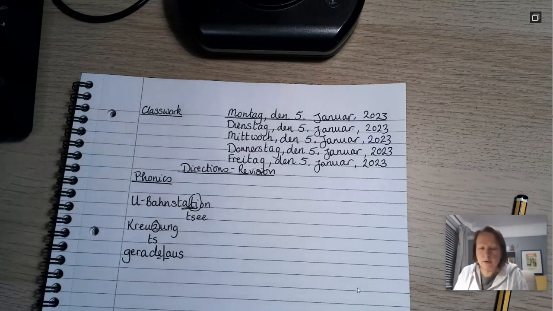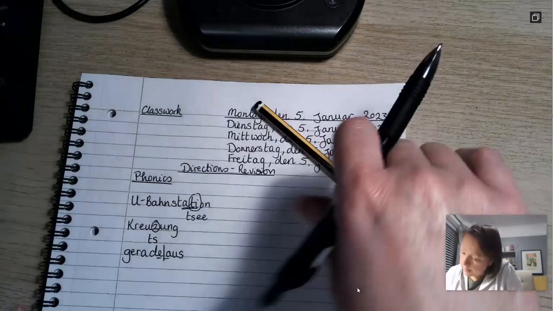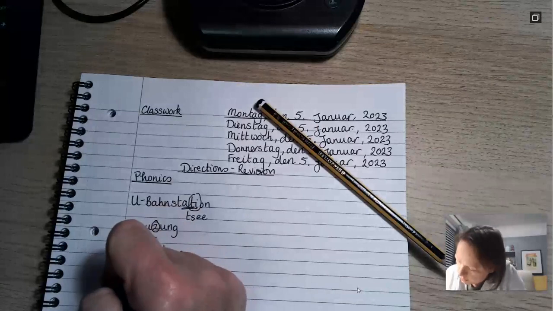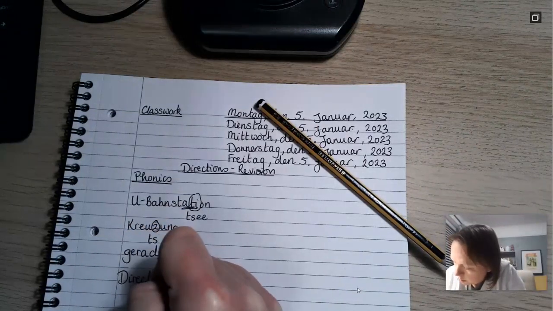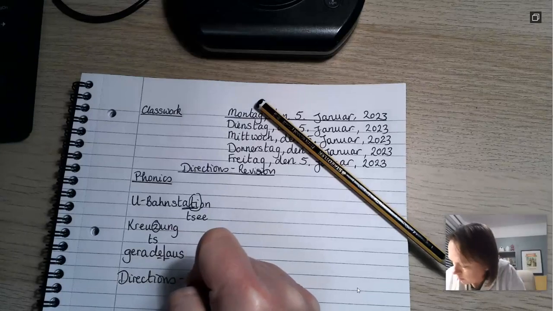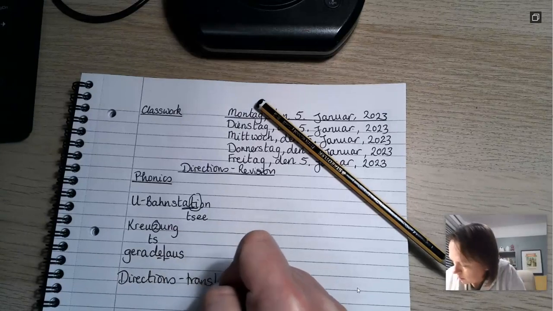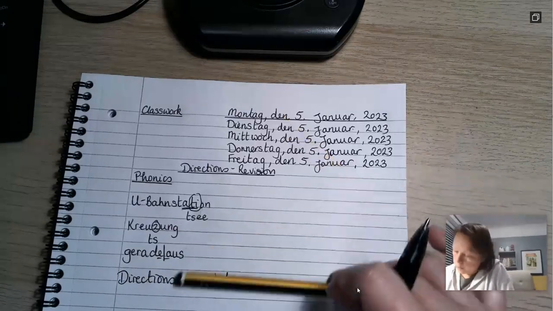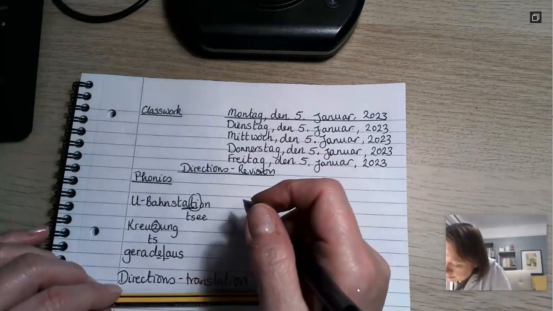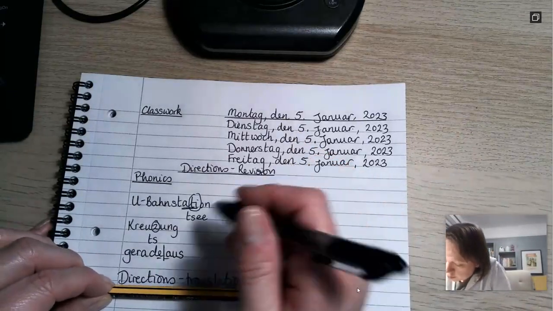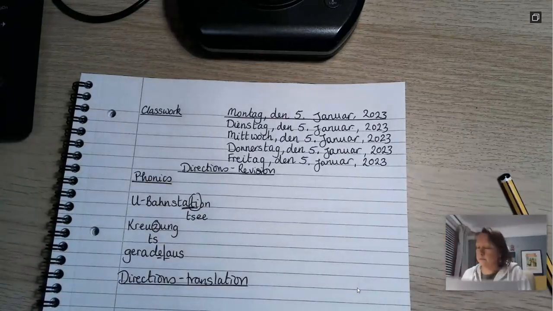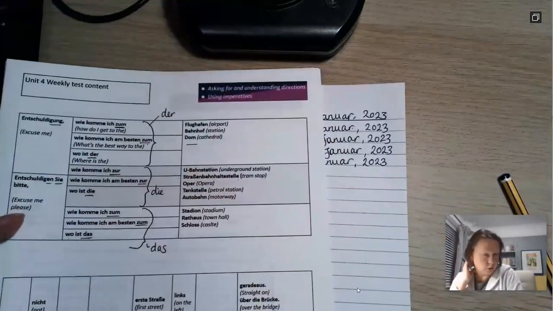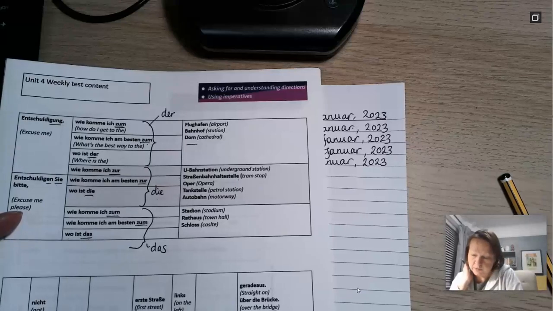Lovely. Okay, so then you're going to put another little subheading over here, and you're going to go directions, translation. Now, what I'm going to do is I'm going to give you a little direct translation based on the 2 pages or the 2 sentence builders that we've got there.